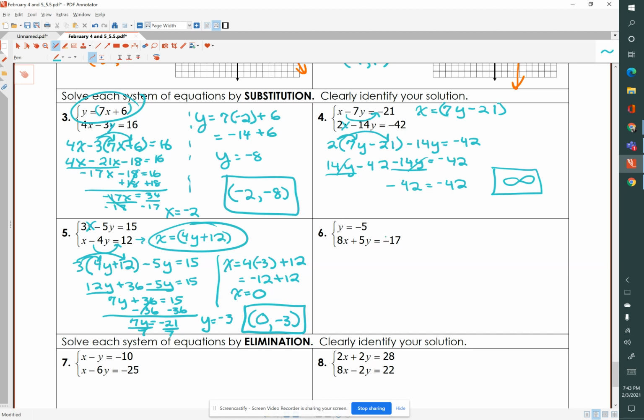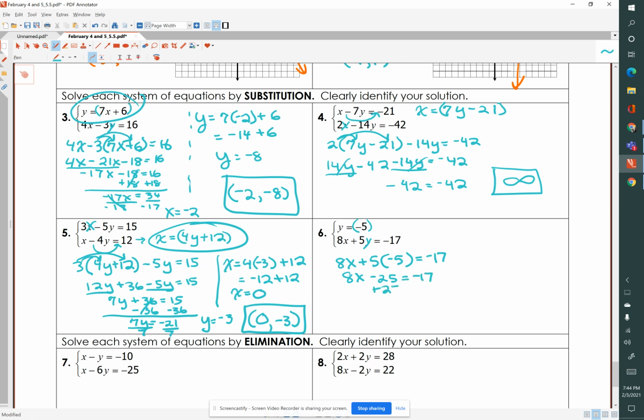And next one's number 6 is a little bit easy. It's already solved for y. So I will insert negative 5 for y in this second equation. 8x plus 5 times negative 5 equals negative 17. 8x plus positive 5 times negative 5 is going to be negative 25, equals negative 17.